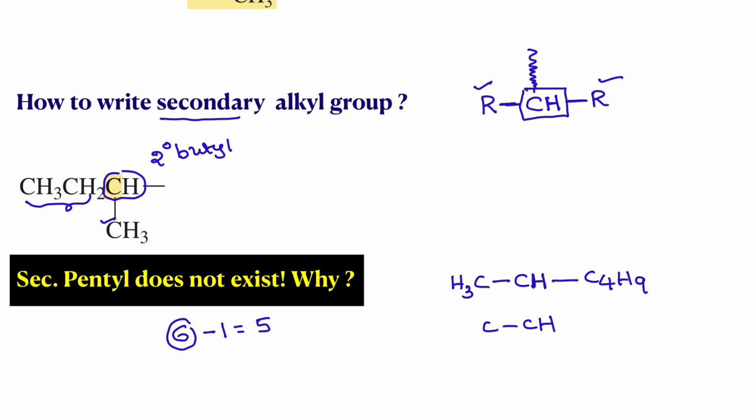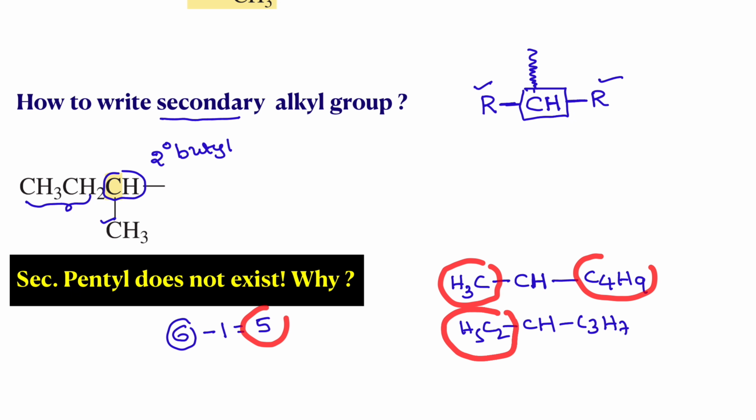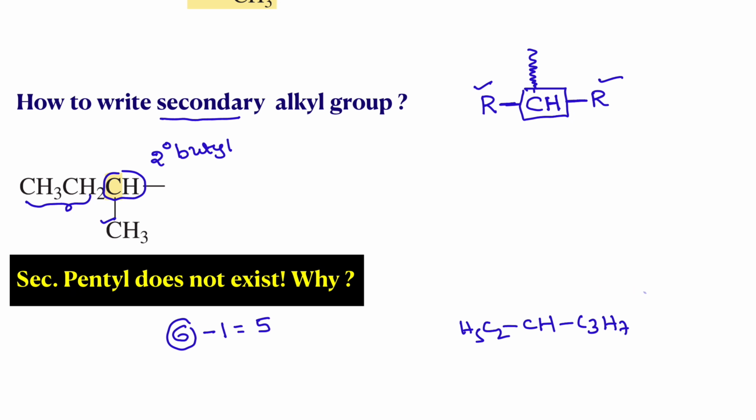Otherwise, C2H5 and C3H7, different combinations. So 5 carbons in total: you can take 1 plus 4, otherwise 2 plus 3. That is the reason secondary hexyl also does not exist. So this is about writing secondary alkyl groups.